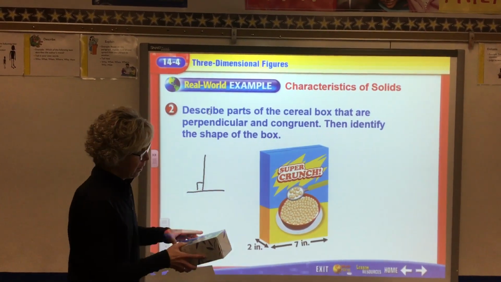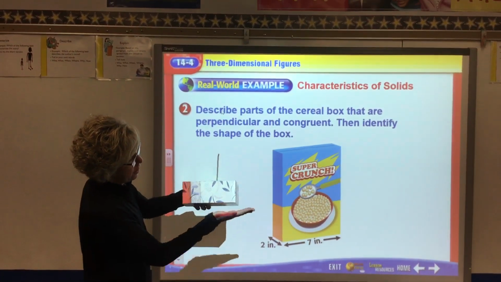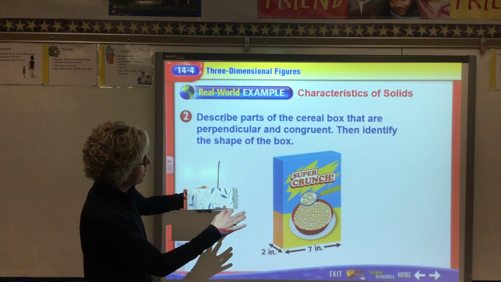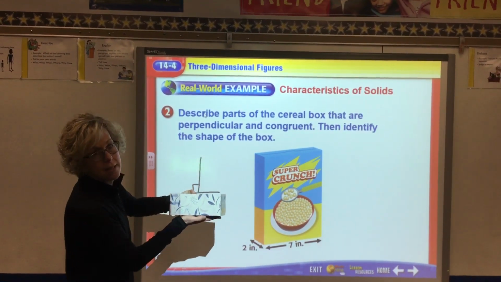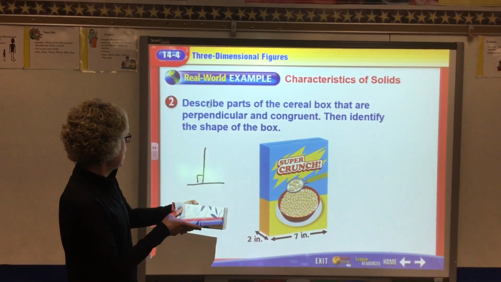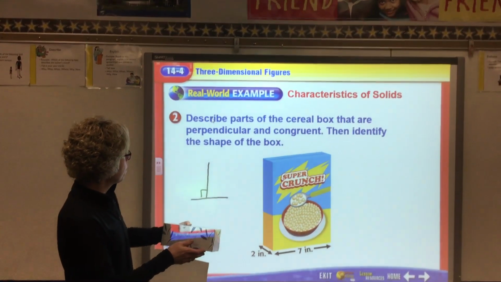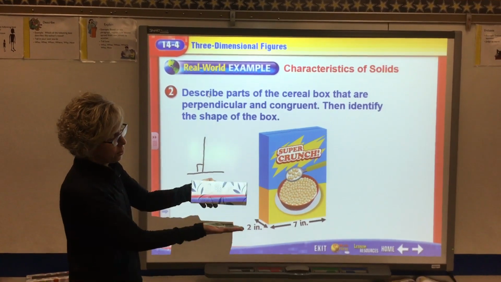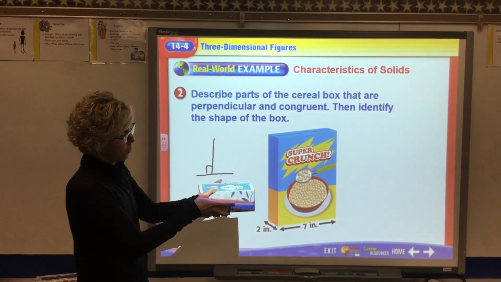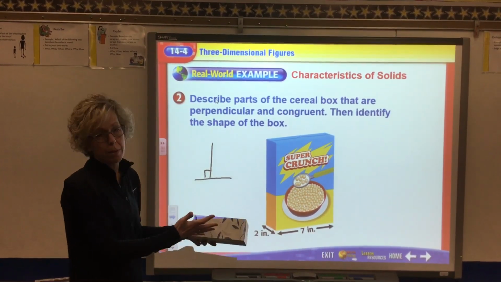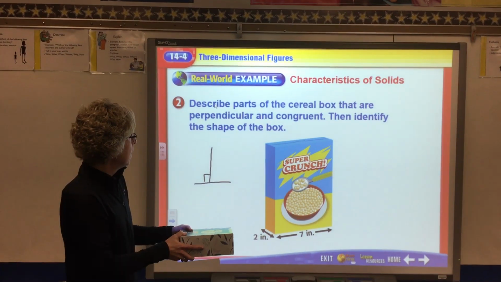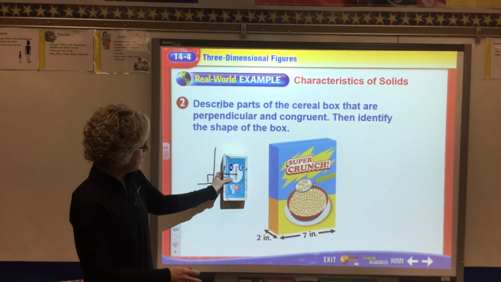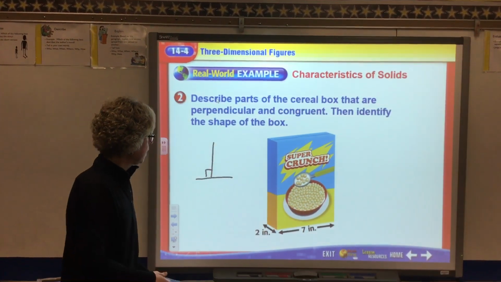The side would be perpendicular to the bottom face. It forms a 90-degree angle. And sometimes we'll say this face is adjacent, or next to, this face. When we're talking about congruent, this face is congruent to this face. It's the same. The top is congruent to the bottom, and the front is congruent to the back. We'll talk a lot about that when we're talking about surface area. Then the shape of this figure, this Kleenex box, as with the cereal box, is our rectangular prism.